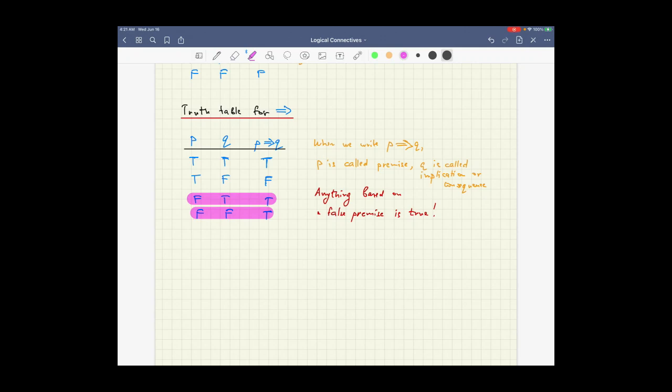And you can also say that the implication P implies Q is false if and only if P is true, the premise is true, and the consequence is false.